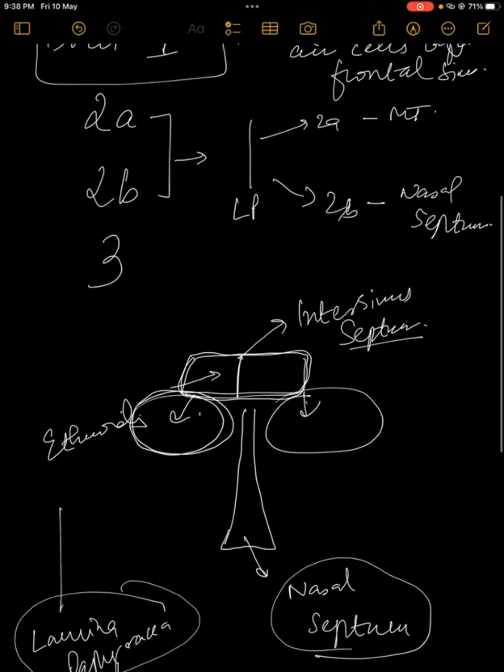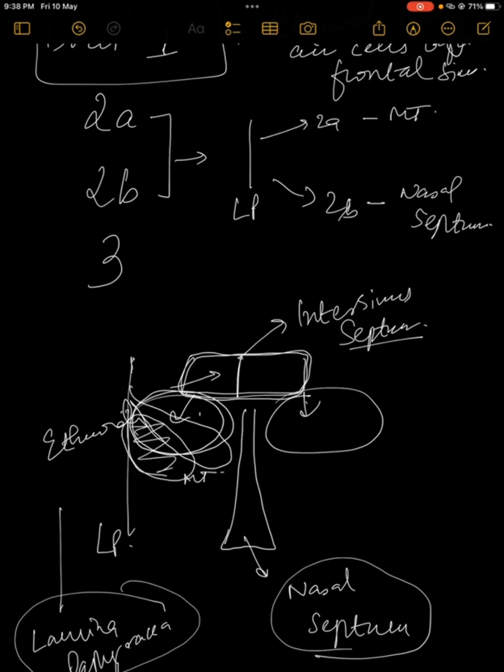Suppose this is the lamina papyracea and here comes the middle turbinate. The lateral limit of the debridement will be lamina papyracea, and the medial limit will be middle turbinate in 2A, and in case of 2B, nasal septum. So how to remember this?